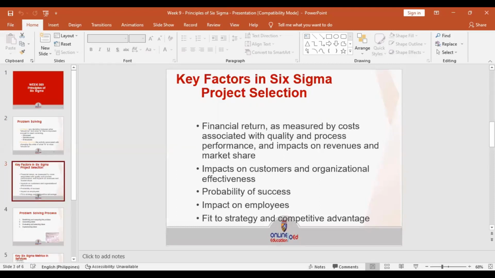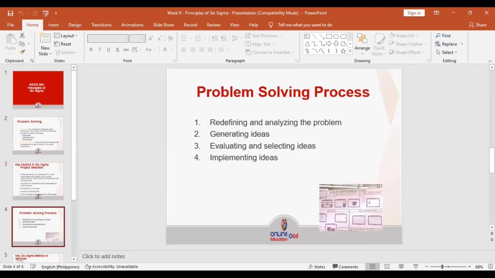Probability of success is also part of the factors, because we use mathematical methods to see the probability of the company's growth and success. And what will be the impact on employees when implementing Six Sigma, and how do the strategy and even the competitive advantage fit the project selection using Six Sigma?